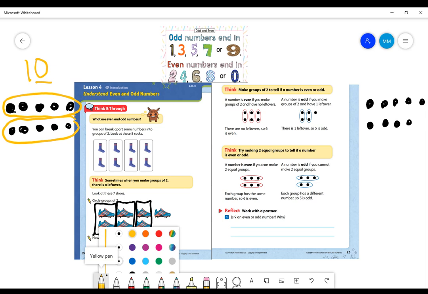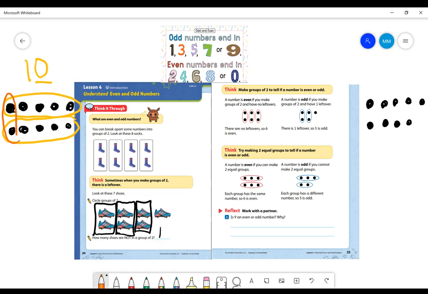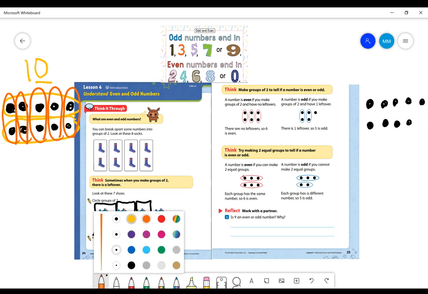I could also make equal groups of 2 with the number 10. So 1 group of 2, 2 groups of 2, 3 groups of 2, 4 groups of 2, and 5 groups of 2. Okay, let's go over to the number 9. Okay, so I'm going to start with yellow, and I'm going to see if I can line up both my parts. Now, watch what happens.